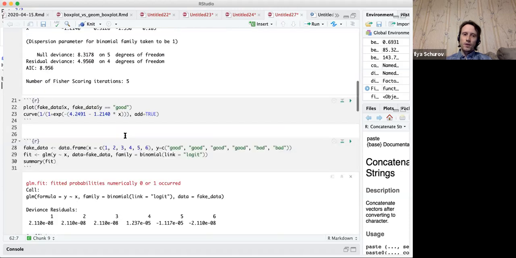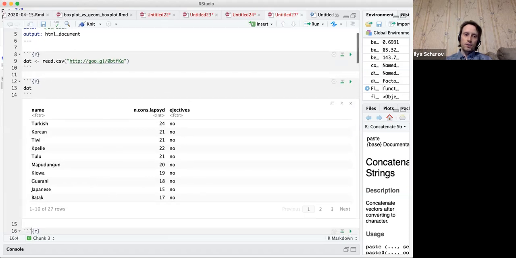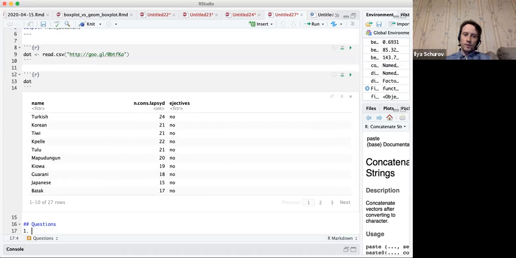So now I want you to return to this data set and try to do the same thing. I want you to answer the following question. What is the probability that a language does not have adjectives if we know nothing about the number of consonants?